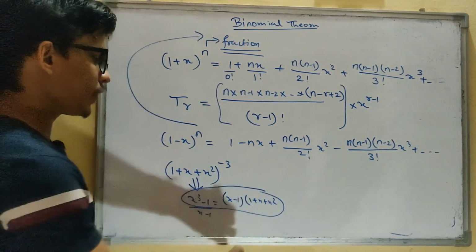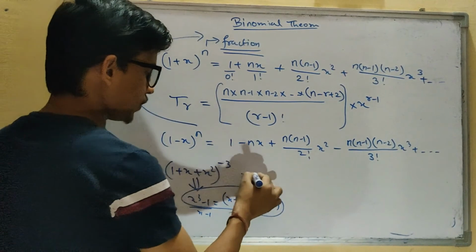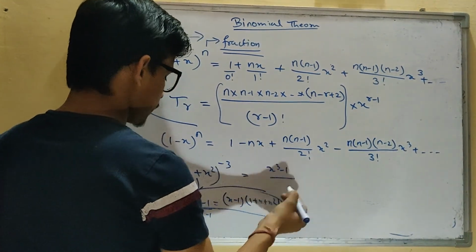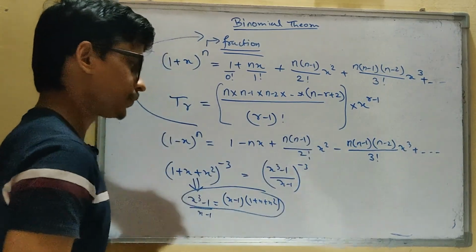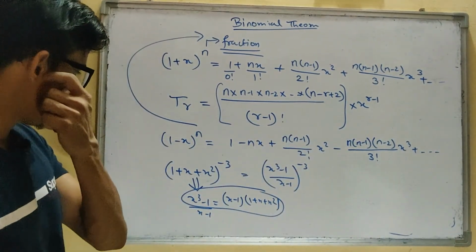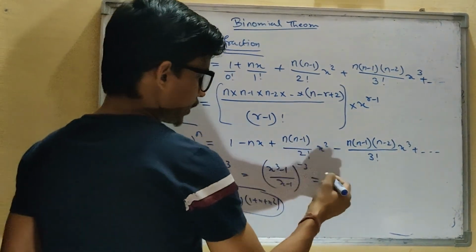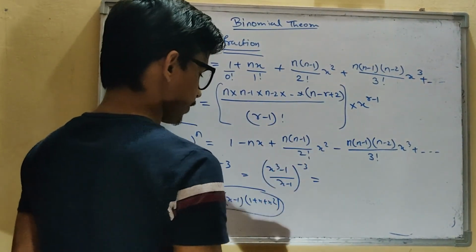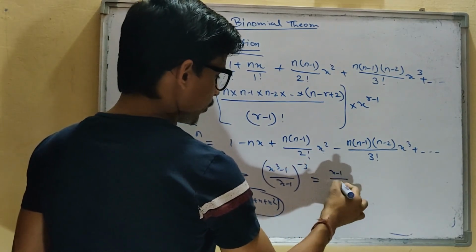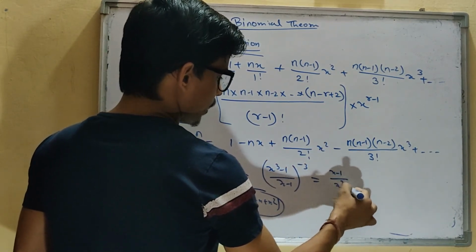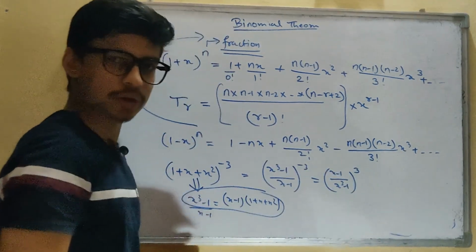So the value of 1 + x + x^2 is going to be ((x^3 - 1)/(x - 1))^(-3). Because of the minus power, I can write this as ((x - 1)/(x^3 - 1))^3.